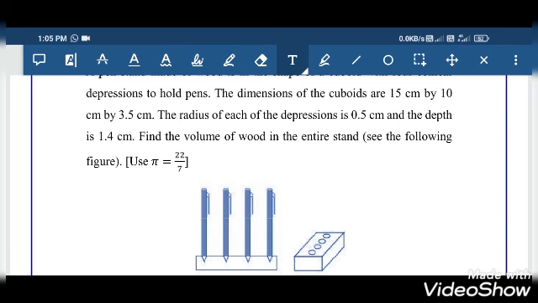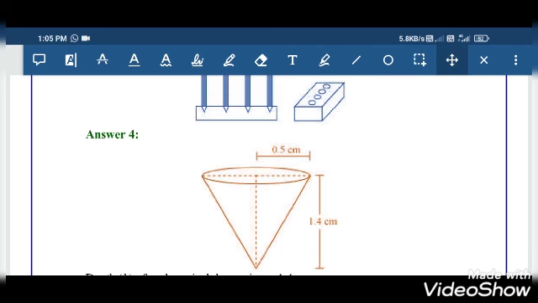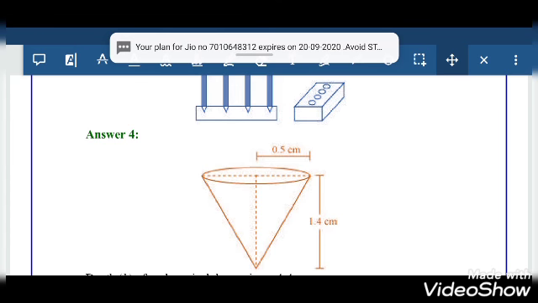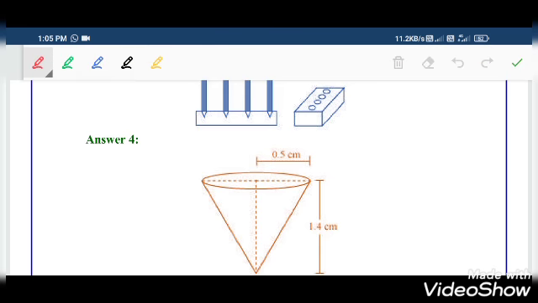Okay, now we move on to the solution. You see this is the conical part they have given. The depth is 1.4. Depth is nothing but height, so height is equal to 1.4.